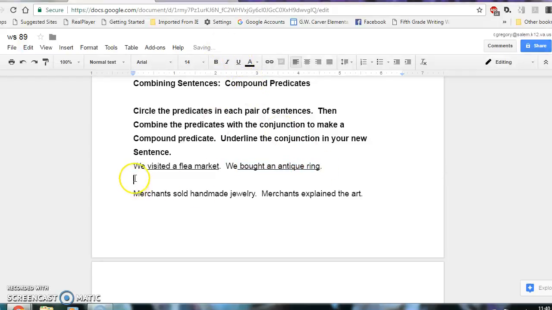We have one subject, we, so we can combine them. We visited a flea market and bought an antique ring.